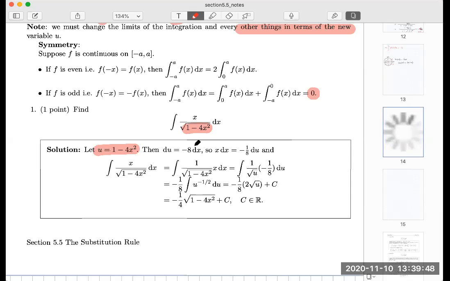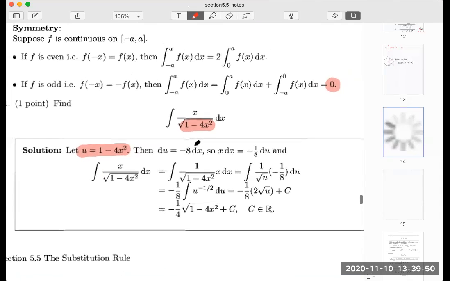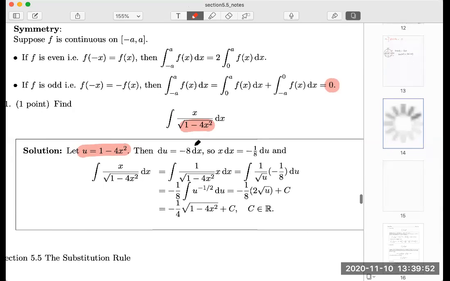What do we have here? Yeah, negative 8x. Yeah, there's a typo here. This is negative 8x dx here. Okay? Do you all see it?